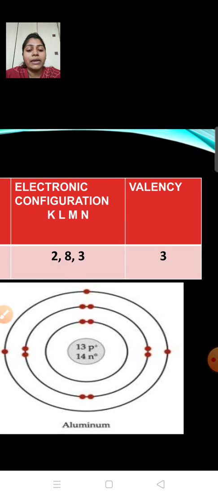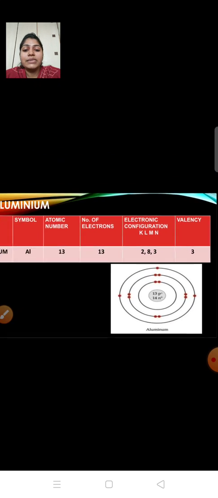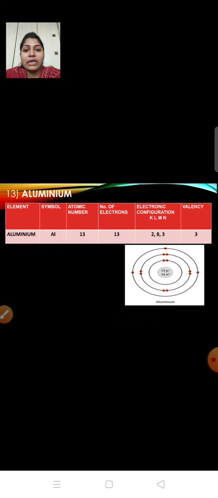We can see that the octet is not complete. So what will aluminium do? Aluminium will lose those 3 electrons to achieve stability. So the valency of aluminium is 3.